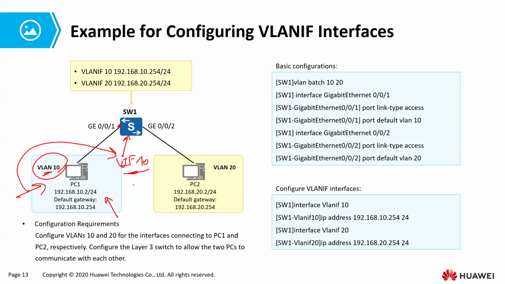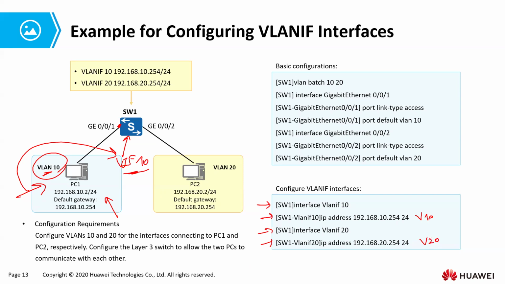These are the commands to configure the virtual interface: interface VLAN 10, then I assign the IP address. For VLAN 20, I also assign the IP address. Once done, this one is the default gateway for VLAN 10, and that one is the gateway for VLAN 20.